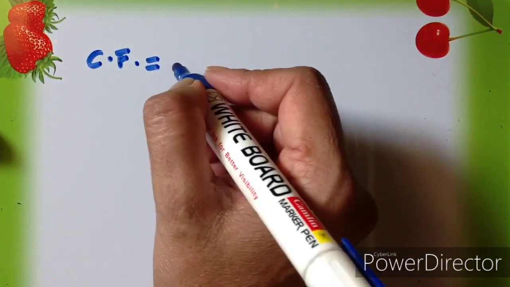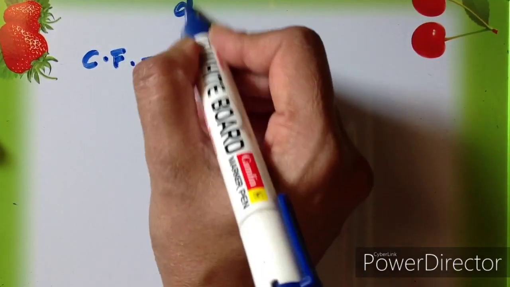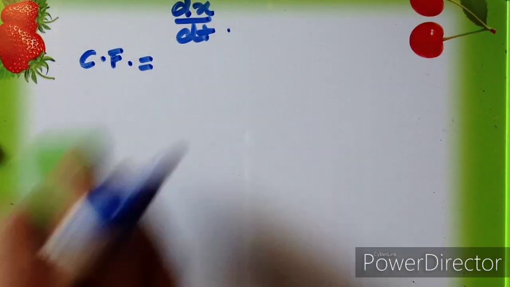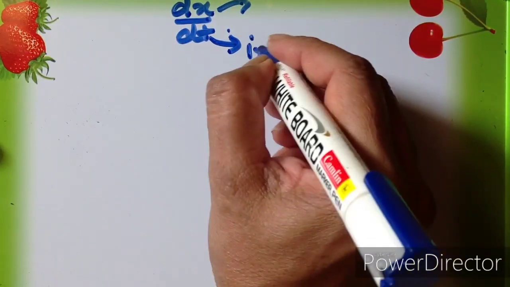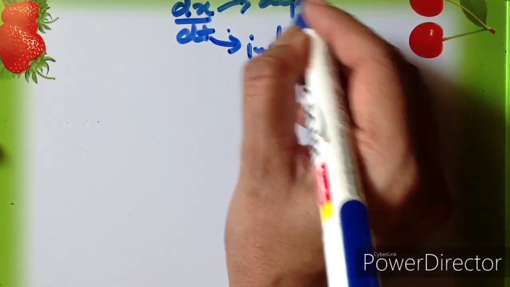Our equation was given in the form of dx/dt. That means we were using this dx/dt, so in this case the independent variable is t and the dependent variable is x.